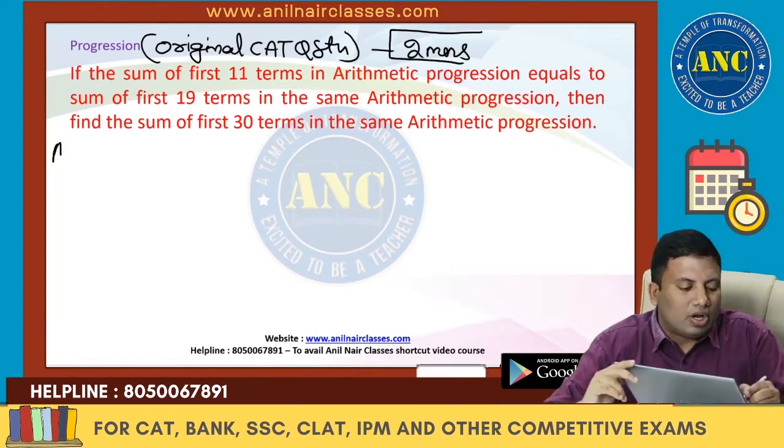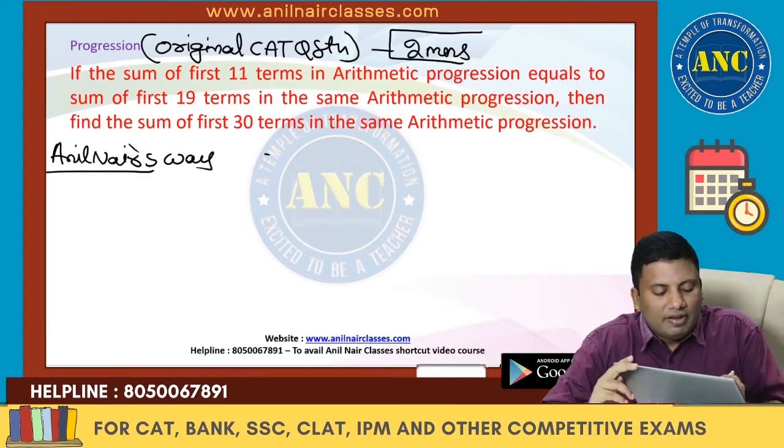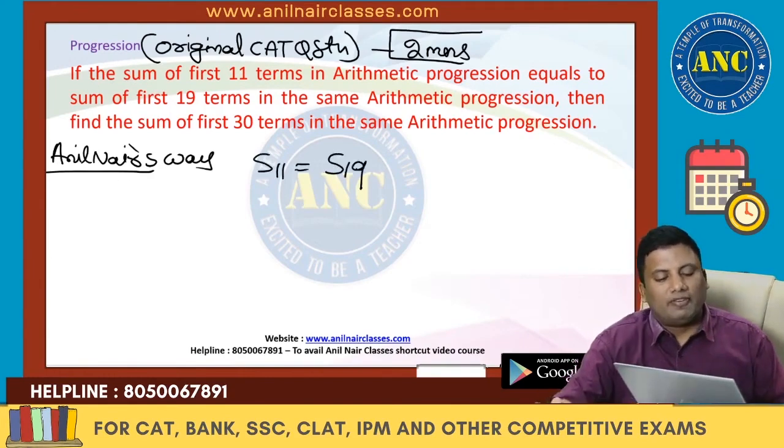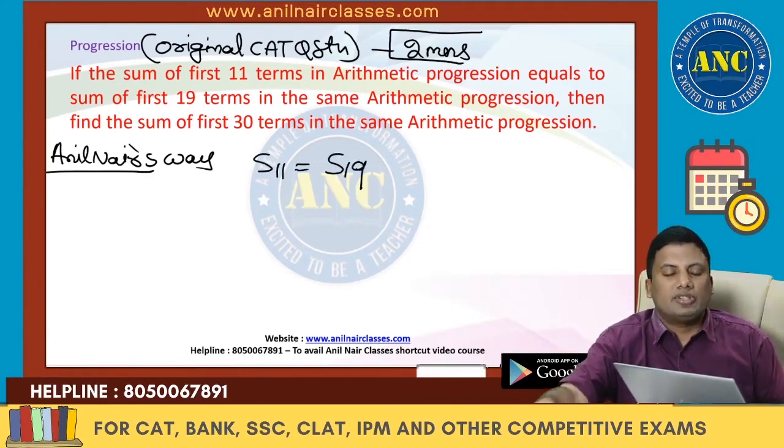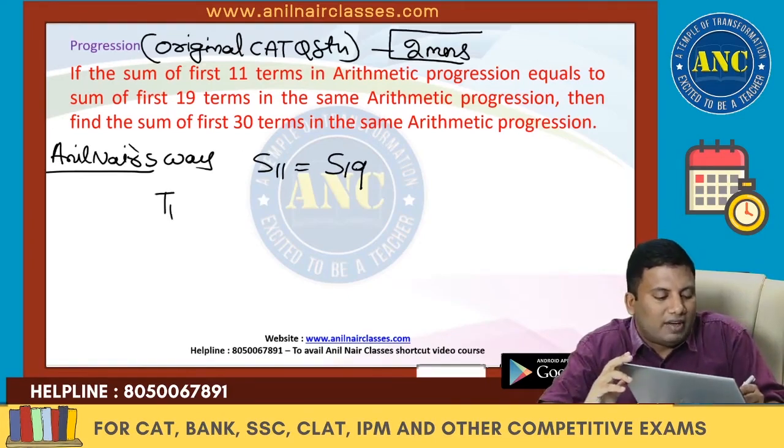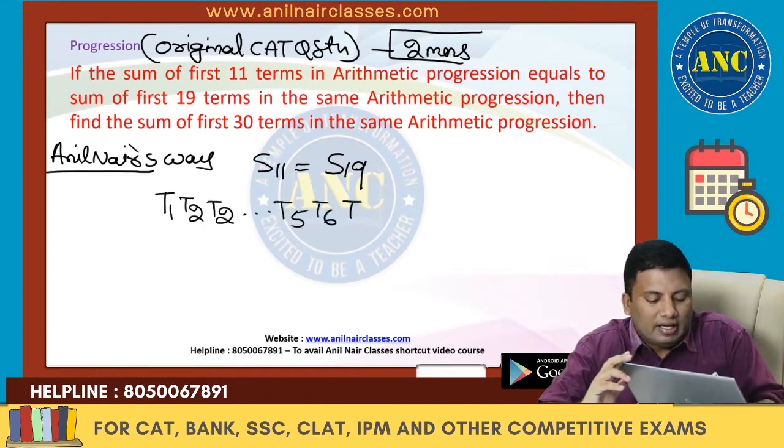I will try to solve the question in less than 20 seconds. Anil Nair's way of solving this question. Sum of first 11 terms in an AP is equivalent to sum of first 19 terms in the same AP. Sum of 11 terms: T1, T2, T3 till T5, T6, T7 till T11.